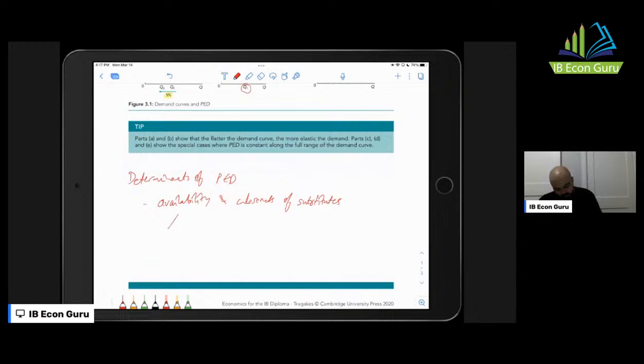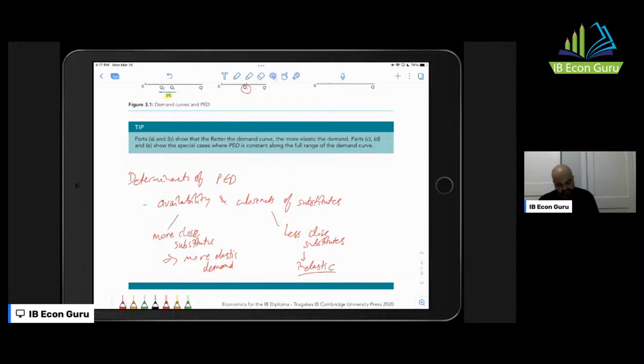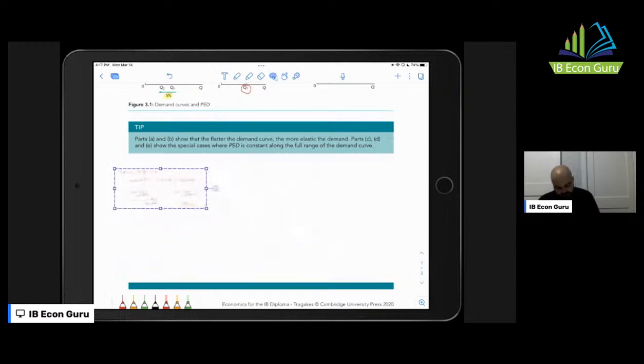So remember, more close substitutes means more elastic demand. Less close substitutes, the product has very little or no substitutes, demand will be more inelastic, price inelastic. So this is number one. The first determinant is availability and closeness of substitutes.